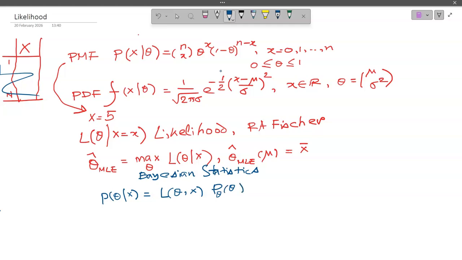Now in the IID case, suppose we have several variates.